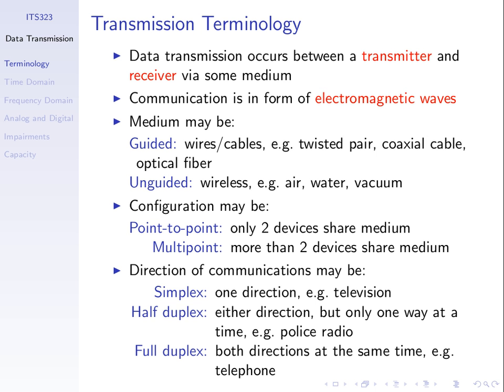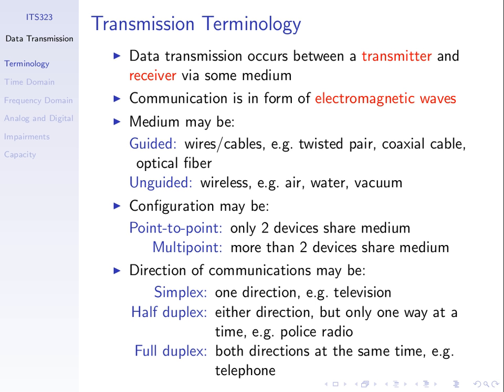Full duplex, going to the other endpoint, is in both directions. You can transmit in both directions at the same time. So the transmitter could be sending a signal in one direction to the receiver, and at the same time, using the same medium, the receiver, which now becomes a transmitter, could also be transmitting back across the medium some other signal.